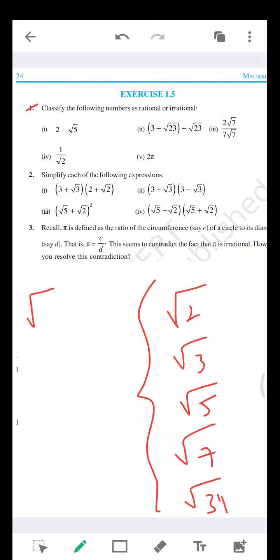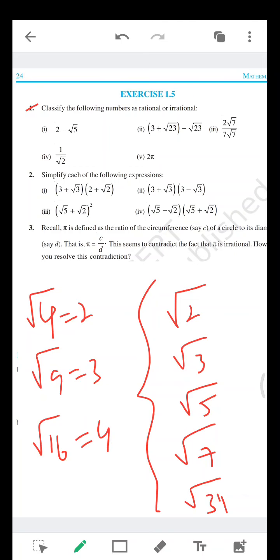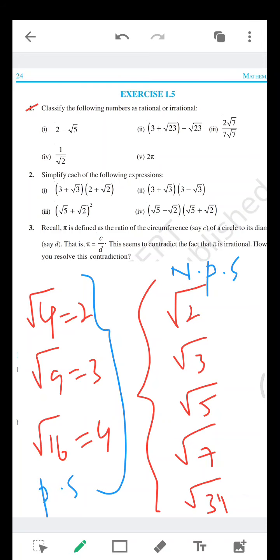Like root 4 is 2, root 9 is 3, root 16 is 4. These are perfect square numbers, and these are non-perfect square numbers. So all these non-perfect square numbers are irrational numbers, whereas perfect square numbers are rational.